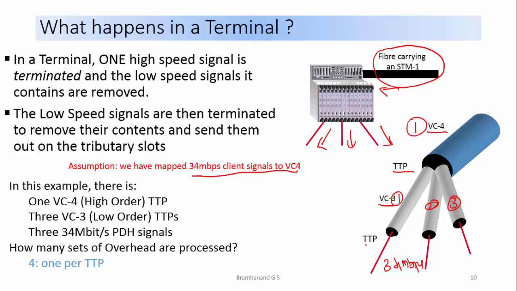It means that in this particular example, I have one VC4 trail termination point and 3 VC3 lower order trail termination points, number 1, 2 and 3. So we have in total 4 trail termination points in this example.